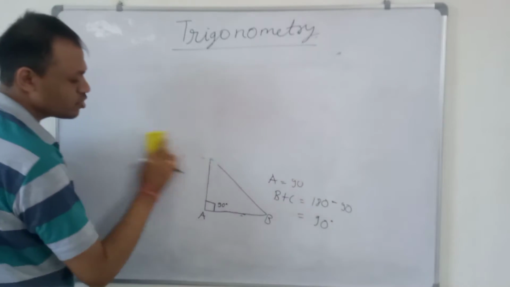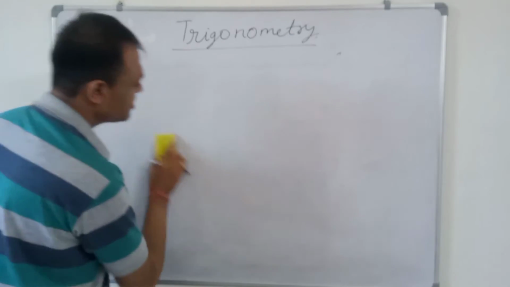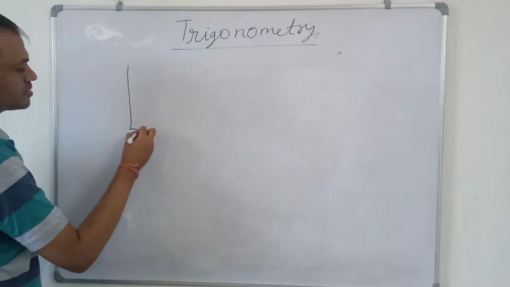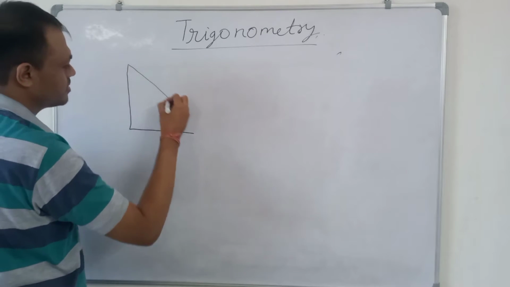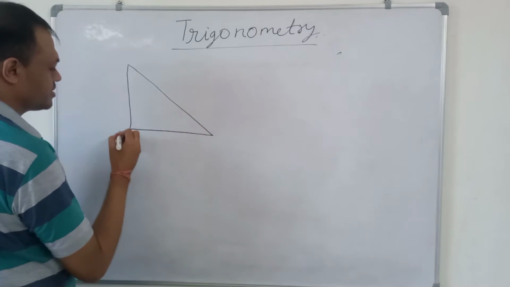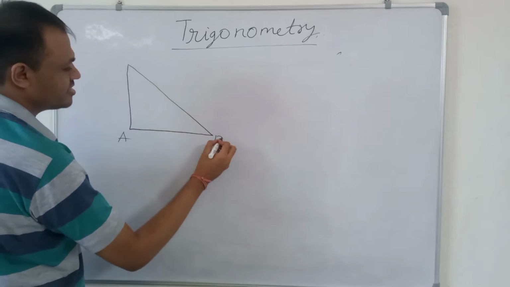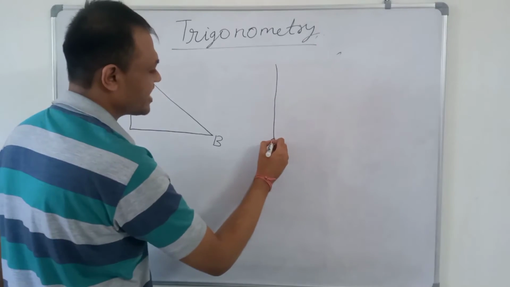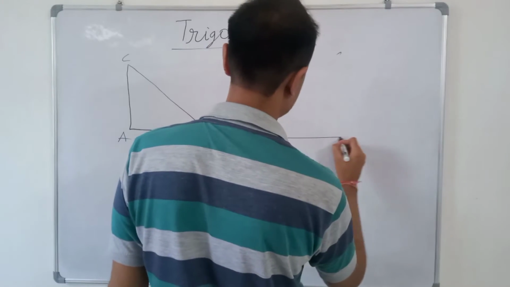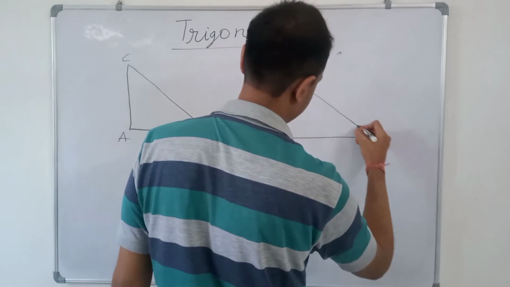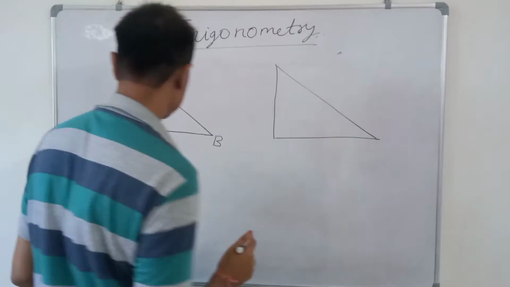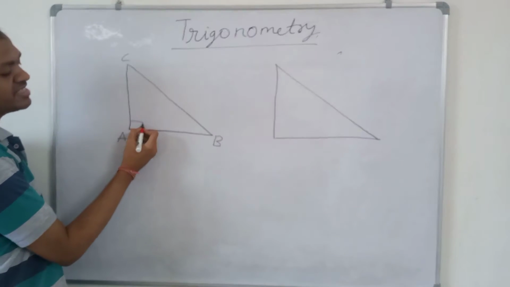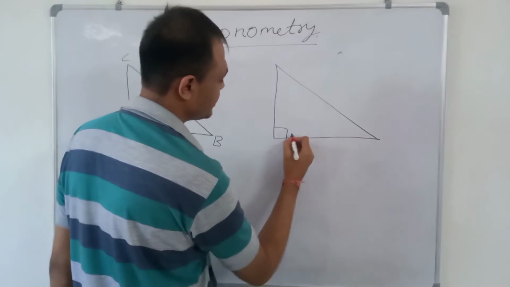Now let's take two right angled triangles and we will define the perpendicular, base and hypotenuse. So this is A, this is B, this is C, and again one right angled triangle.